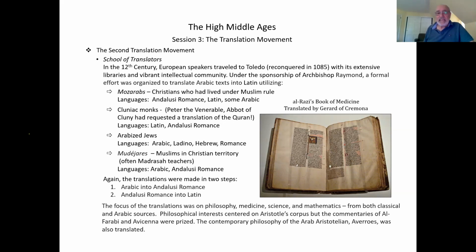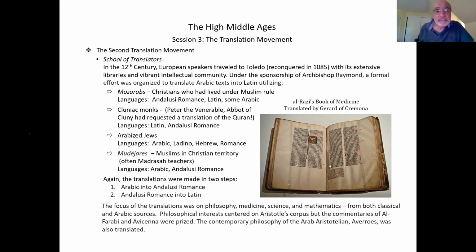Many of the Crusaders came back with stories saying these people we're fighting are a civilized people. They are people of the book. They are a reverent people. And they have a holy book that might be worth looking at, since Muhammad recognizes Jesus as a fellow prophet. Here you have a Benedictine abbot asking for a translation of the Quran.